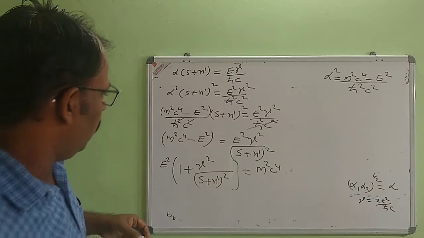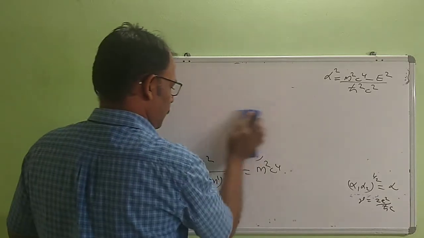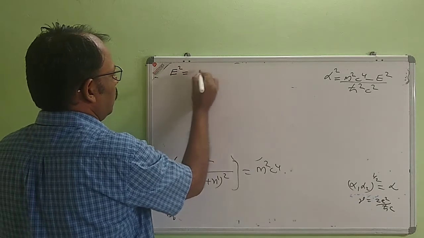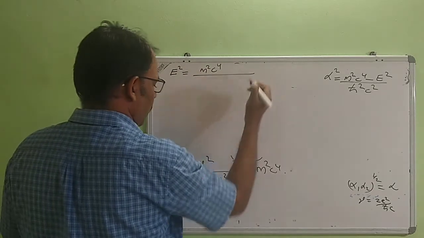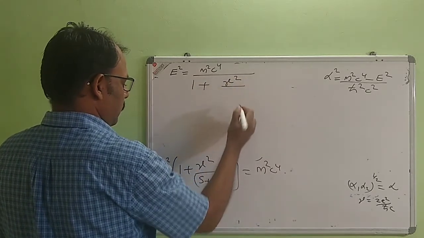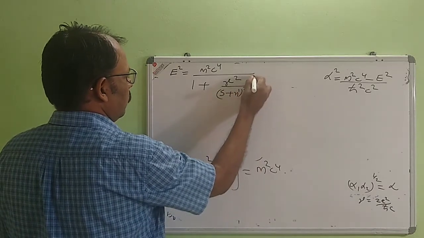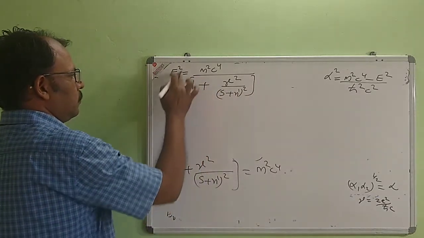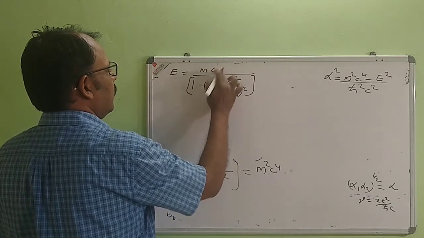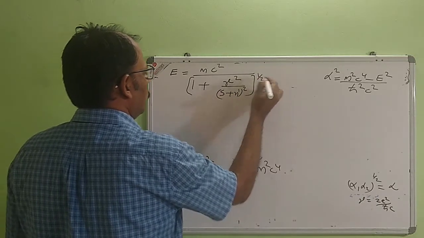From that we can calculate the value of E. So E square equal to m square c raised to 4 by 1 plus gamma square by s plus n dash the whole square. So when I take E, it is m c square by 1 plus gamma square by s plus n dash the whole square, the whole raised to 1 by 2.